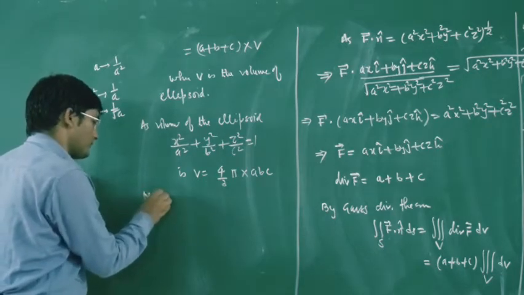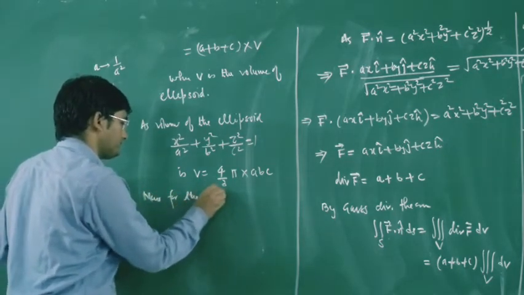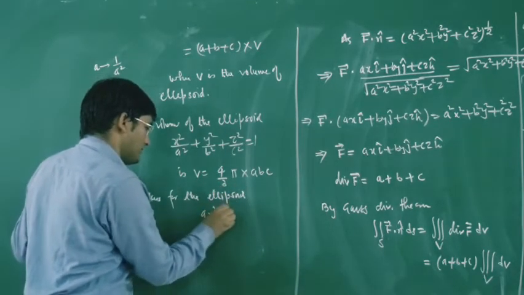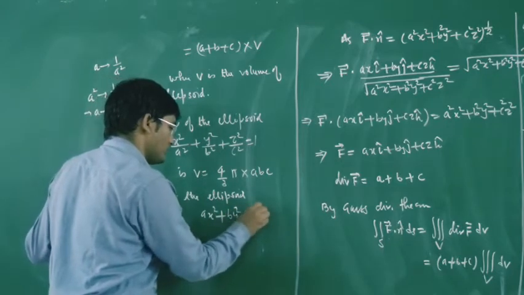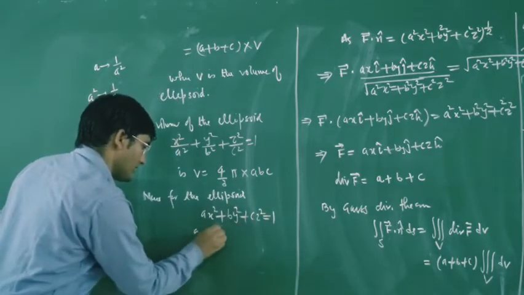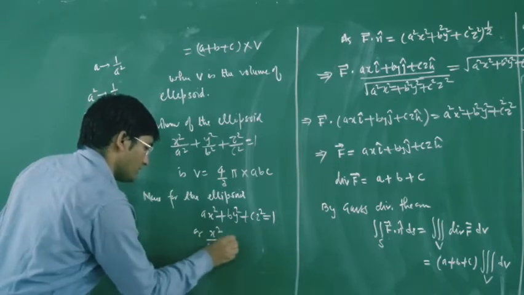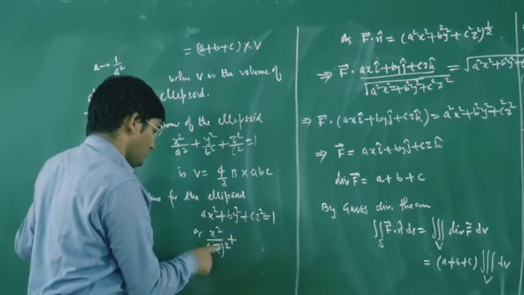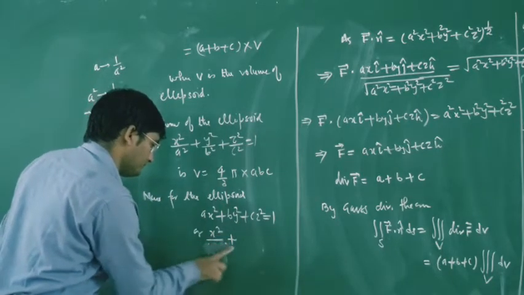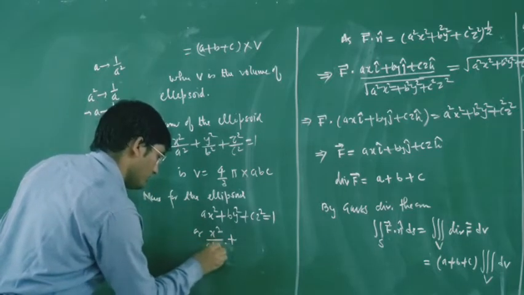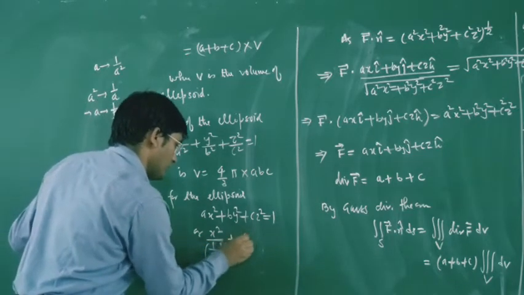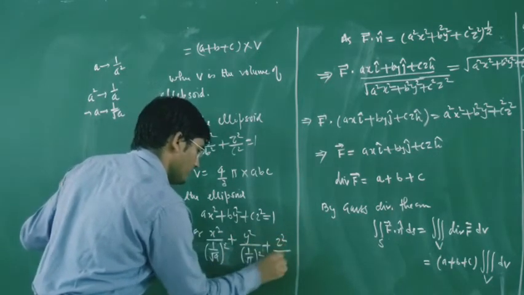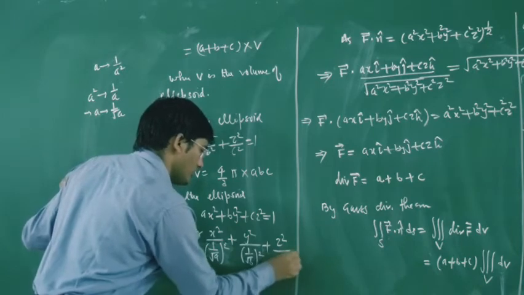Now for the ellipsoid, in our case we have this ellipsoid ax square plus by square plus cz square equal to 1, or we can write it as x square upon 1 upon root a whole square, plus y square upon 1 upon root b whole square, plus z square upon 1 upon root c whole square equal to 1.